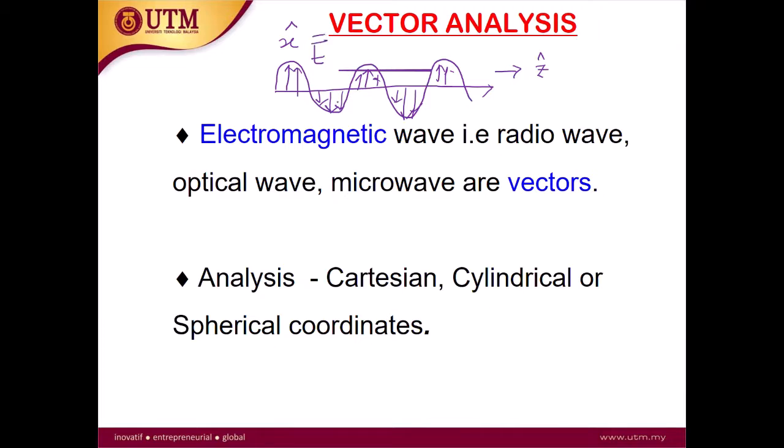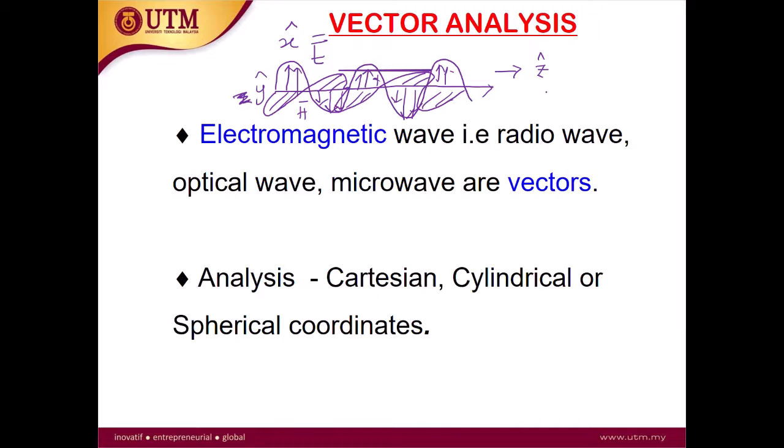And then we have the magnetic field, which is normally perpendicular to the electrical field, and the direction is in the y direction. These two, the E field and H field, will exist together and propagate in a certain direction, z for example.